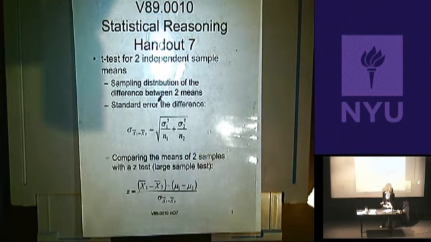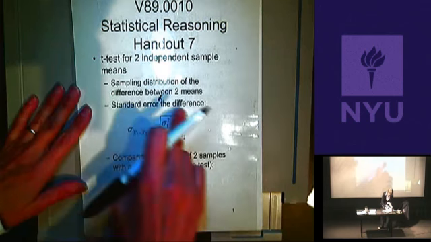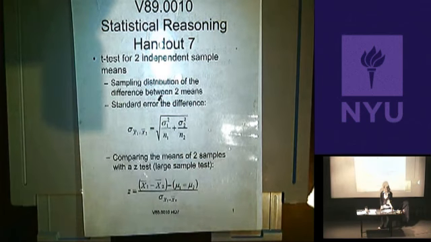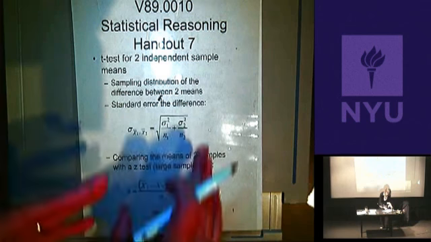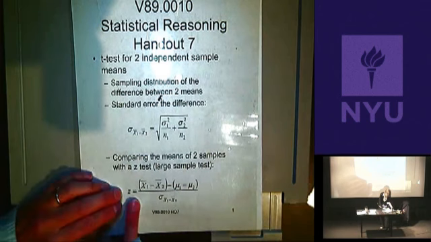Now, if you have a very large sample size, right? Often you don't have these population variances. You have sample variances. If your samples are large enough, you can just replace the population variances with the sample variances and get the standard error using this, and then you could calculate a z.